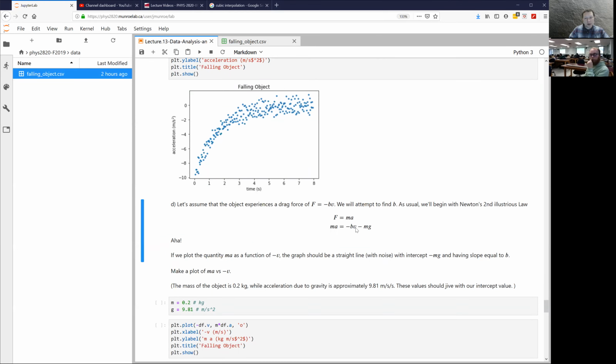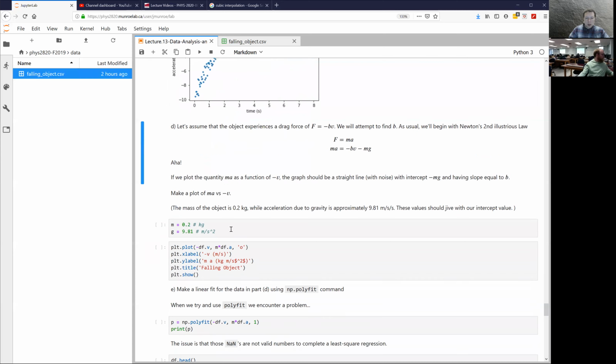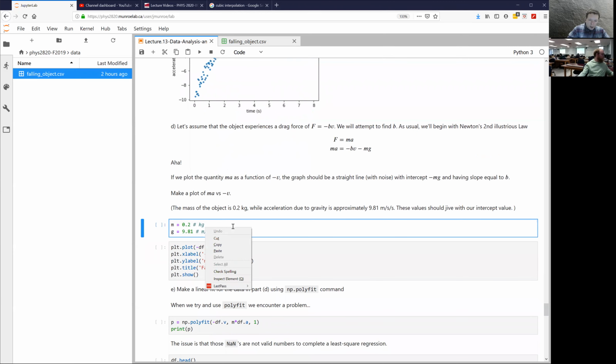When I make that plot, the slope of that data will have a slope of b, that is the drag force. We will need to know some parameters. We're going to need to know what the mass of the object is. So let's go to a scale and say we measure our object. The object in this case would be 0.2 kilograms. And we can use the acceleration of gravity that we know. And we can make a plot.